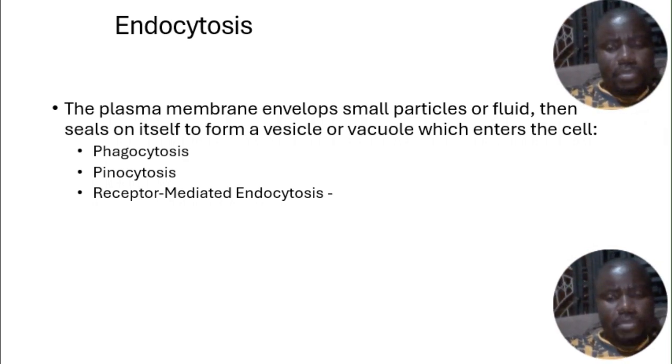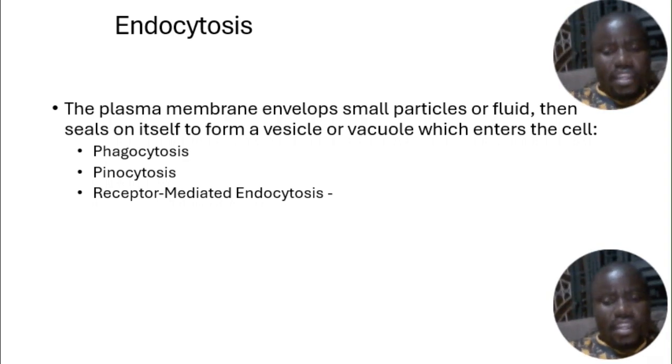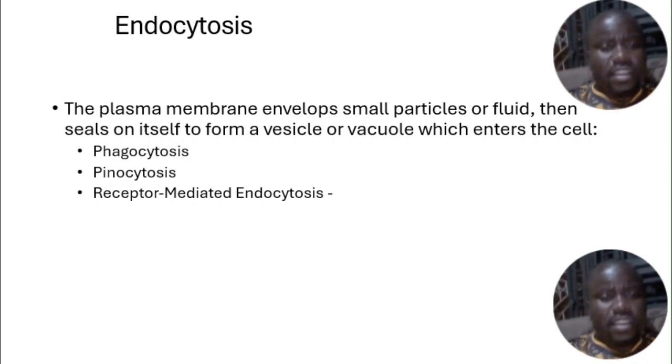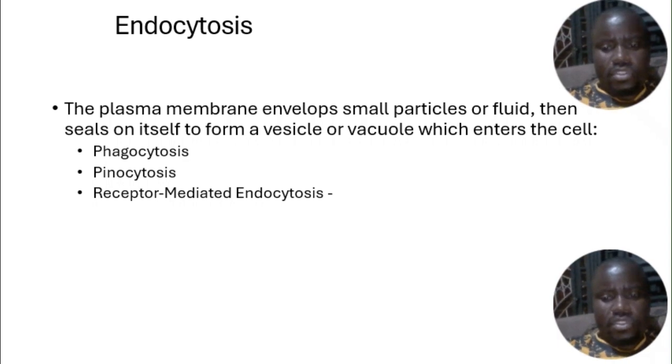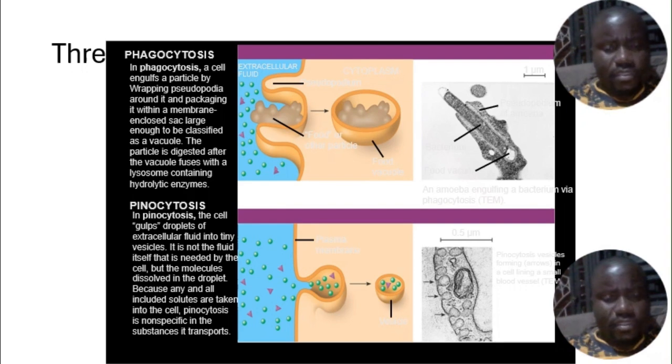Endocytosis has 3 types. We have phagocytosis, which involves the taking up of solid substances into the cell. Pinocytosis is taking up substances which are in solution. And receptor-mediated endocytosis is for specific special substances that use a receptor for the cell to be able to take those substances in.